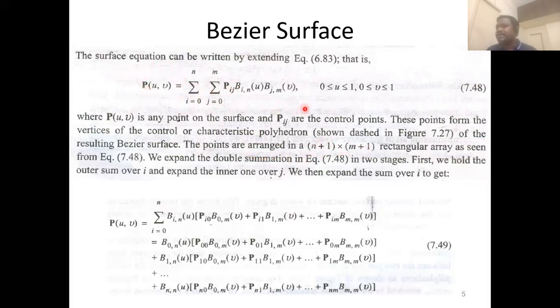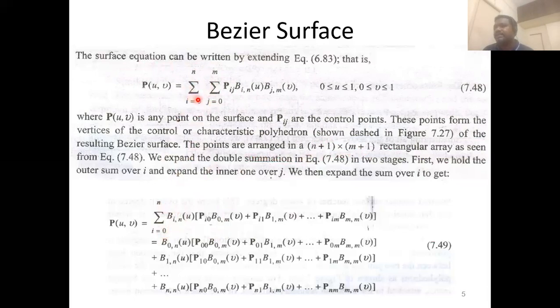How can it be expressed? Like this. I am keeping this summation, i equal to 0 to n, as such. I am taking it constant. Now I am varying the j value from 0 to m. Is it clear? This summation will be there.